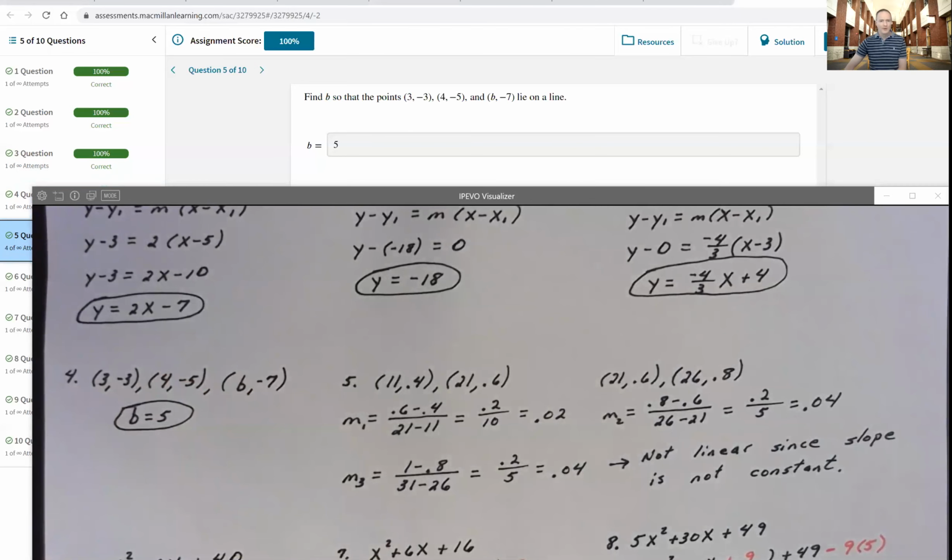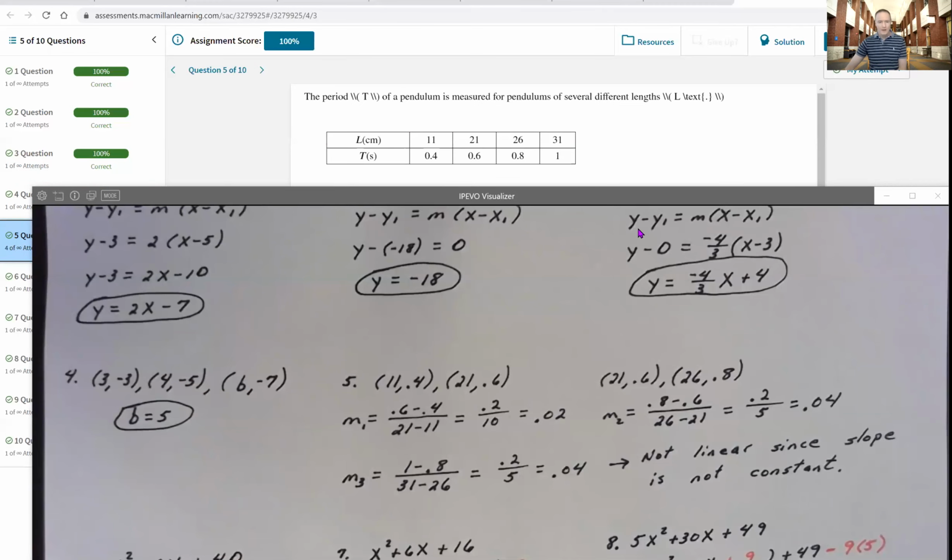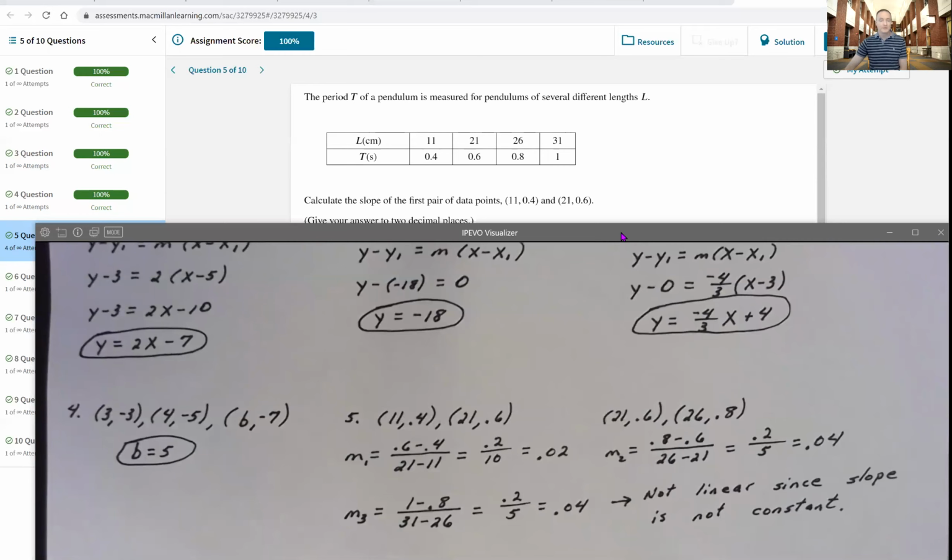Now, for the next one here, it's giving me a chart representing the period T of a pendulum, measured for pendulums of several different lengths. So it's saying that the time it takes to do one period depends upon the length of the pendulum.